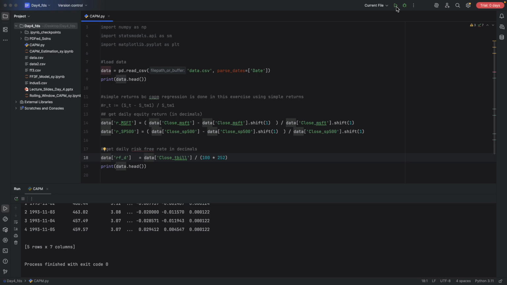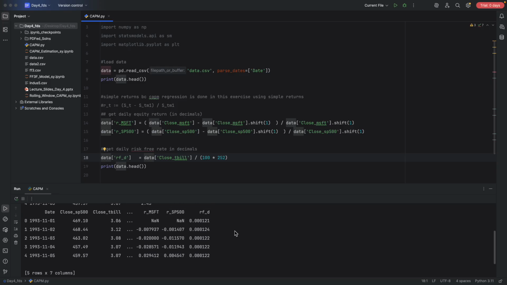I need to be careful in Python. Indentation matters. It's meaningful to Python. So I had a little extra space, which leads to an error message. And now we see here we have the daily risk-free rate. It's positive throughout. That's something we would anticipate.